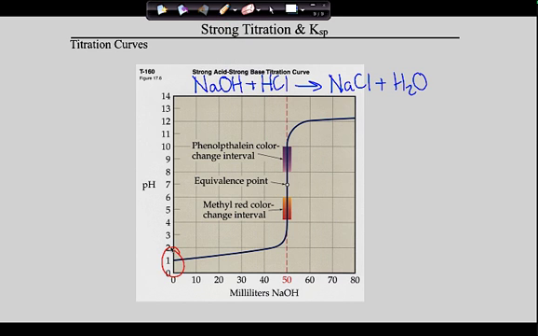So guys, what chemistry is taking place right here where we've got 0 milliliters of NaOH added? What chemistry is going on at this point? What does it represent? Hydrochloric acid breaking apart into water, right?